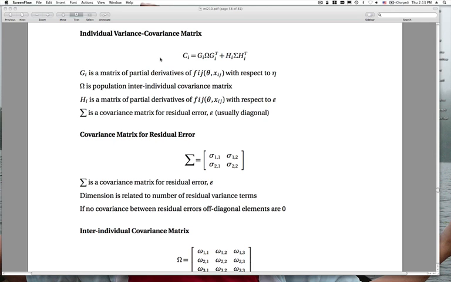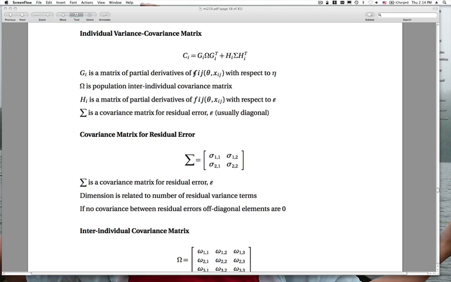This is how we can capture in one term in the previous expressions all sources of variability. And you see here that it's made up of two pieces. There's this G omega G piece, and then the H sigma H piece. The first term represents the contribution due to inter-individual random effects. The second, due to residual random effects.